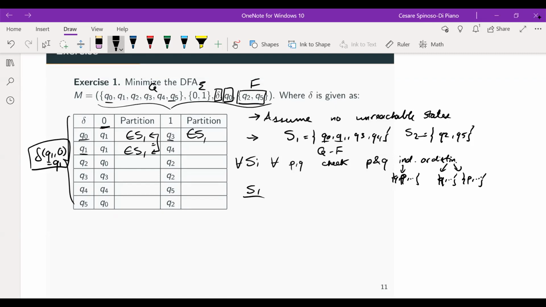And Q1, when it reads a 1, goes to Q4, that's part of partition S1 as well. Isn't it? Yes. Okay. So these partitions are the same for symbol 0, and for symbol 1 the partitions are the same. So Q0 and Q1 are indistinguishable.